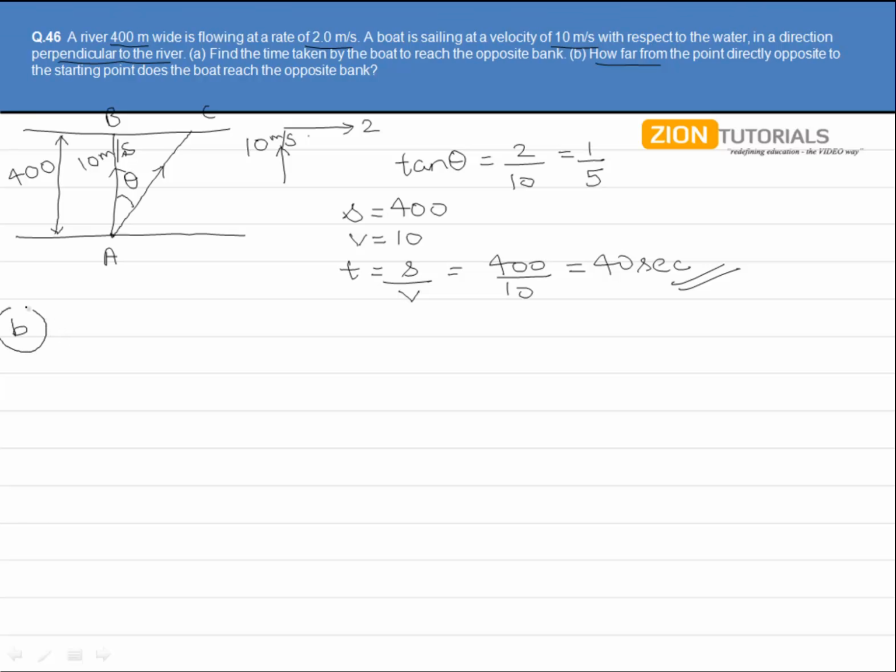Proceeding with the second part of this question, in which we need to find how far from the point directly opposite to the starting point it reaches. That means we need to find BC.